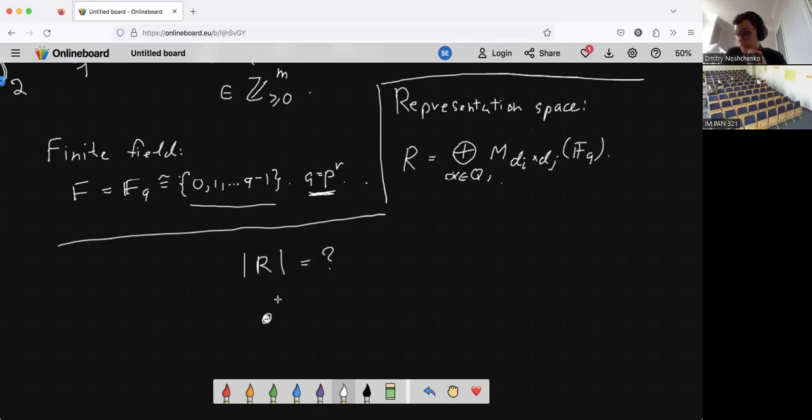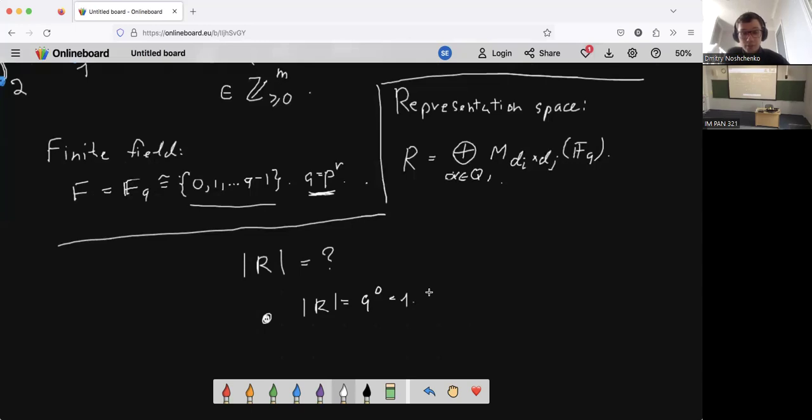In this case, you have a zero-dimensional representation, and the only map you consider is the zero map, from 0 to 0. So the size of R is just q to power 0, which is 1.